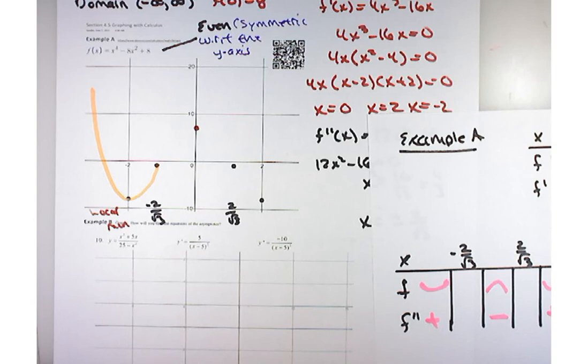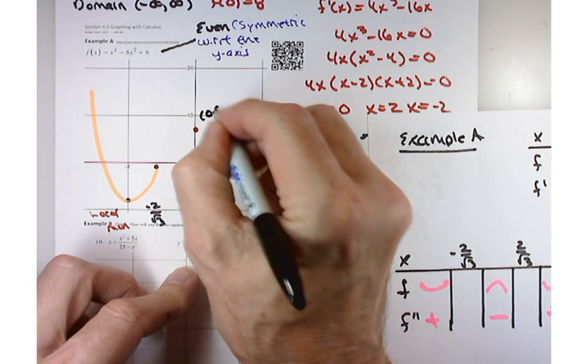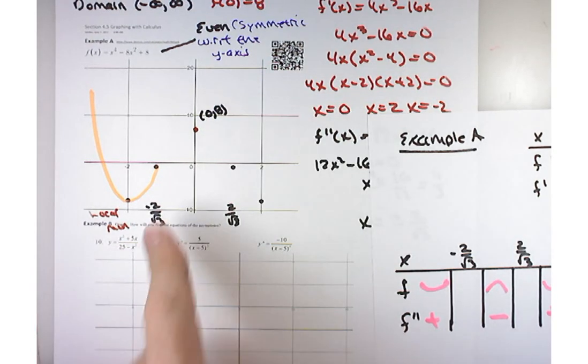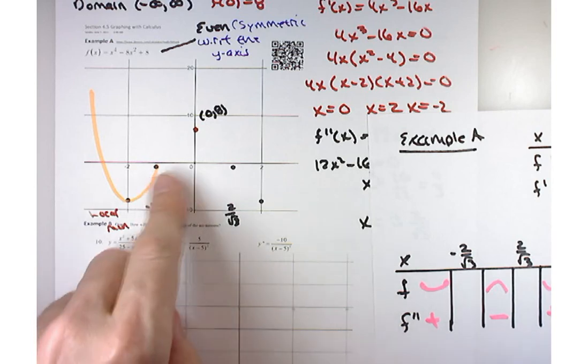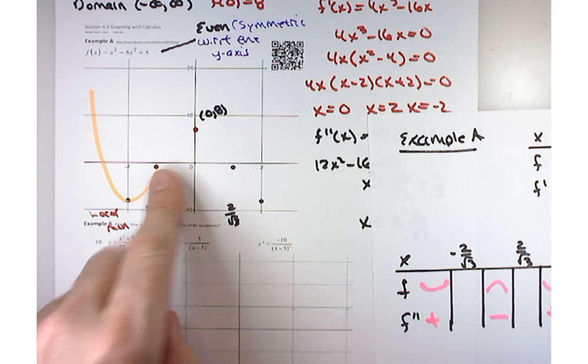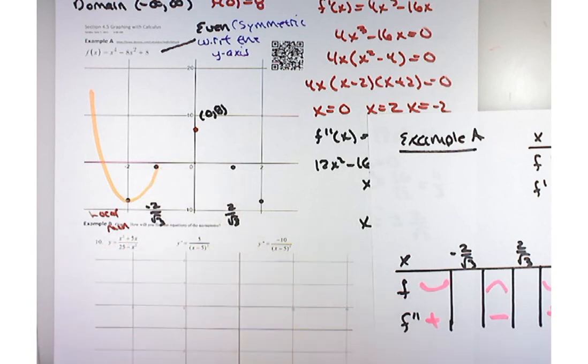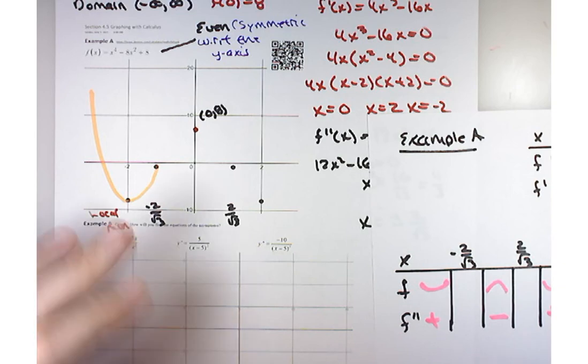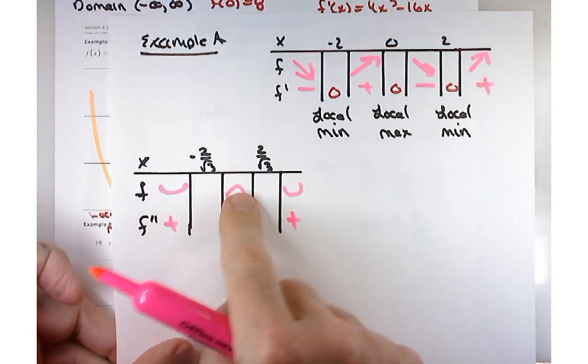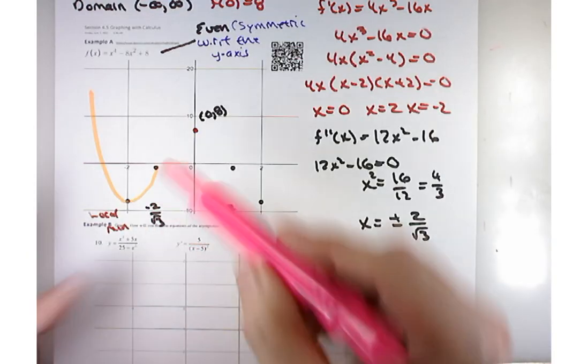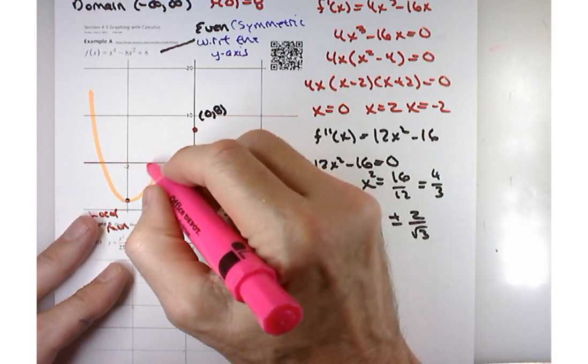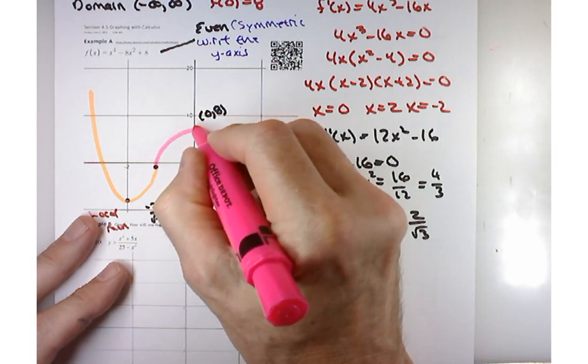Now it's still increasing until it gets to this point right here, 0.8. What's going to change right here? It's going to go down. What's going to go down? The concavity is going to change, right? It goes from concave up to concave down. So even though it's still increasing, the concavity changes.